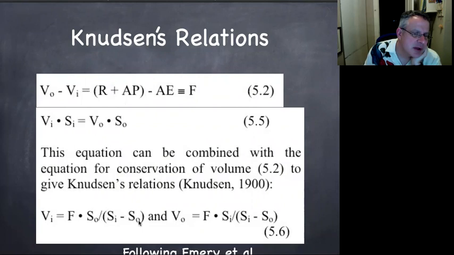If the inflow and the outflowing salinities are really close to each other, this ratio is really, really big, which means that the inflow is going to have to be a lot bigger than the freshwater source. That's interesting. That means that there's a large overturning in the bay for a certain amount of inflow and outflow if the salinities are close.